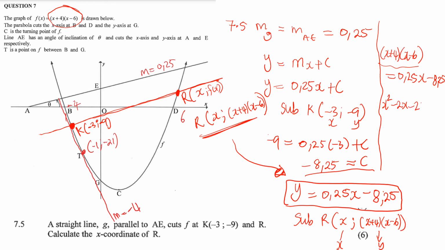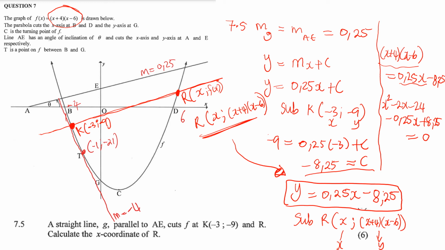When we transpose 0.25x, it will be minus 0.25x. When we transpose minus 8.25, it's going to be plus 8.25. So we'll be left with nothing on the right hand side.